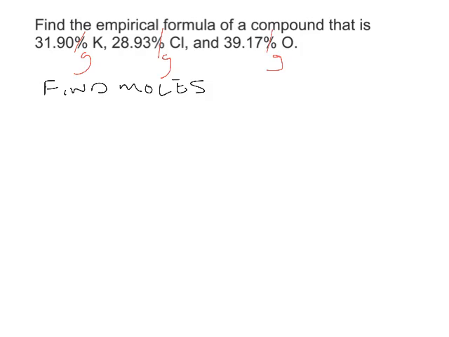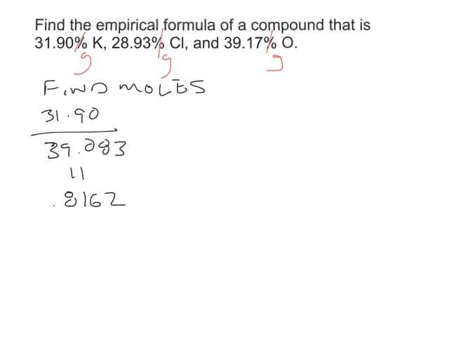So I'm going to start with my potassium, 31.90 divided by molar mass, which is 39.083, and that gets me, looking at my crib sheet here, 0.8162.